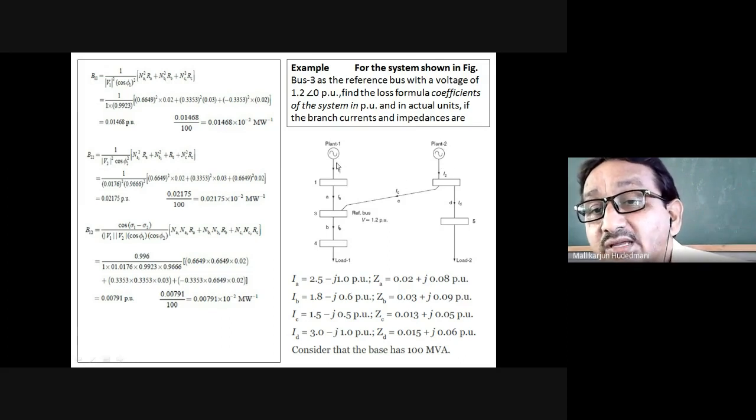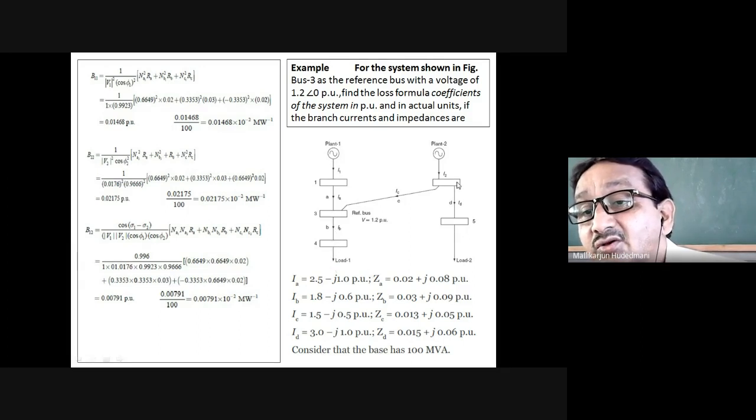From Gen 1, section A goes to bus 3. You can see bus 2 is here, bus 1 is there, bus 3. There is a flow of power to bus 4 via impedance ZB. Then from the 4th bus, there is a load flowing out. And from bus number 2, it goes directly to bus number 5 via impedance ZD.